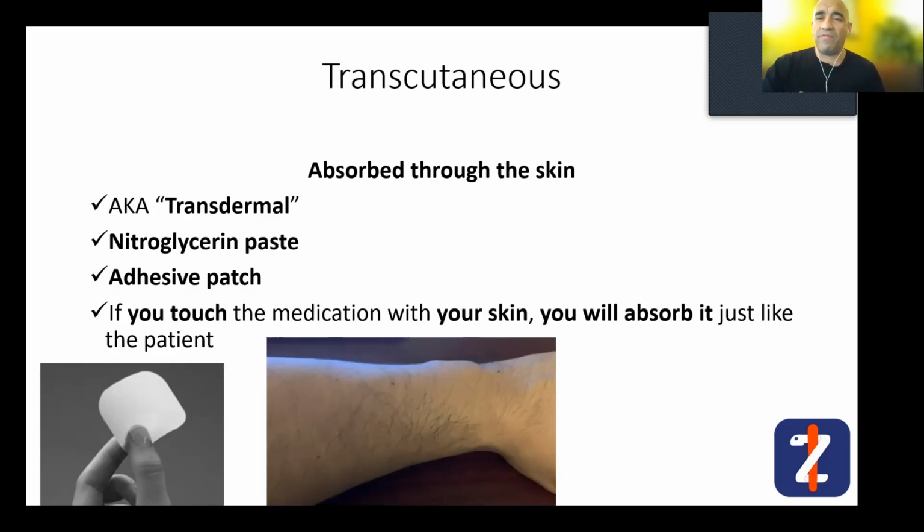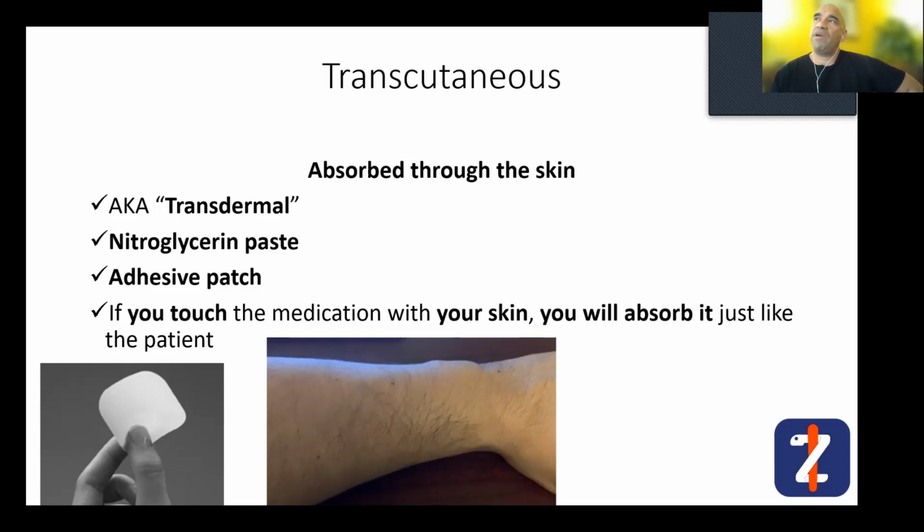Transcutaneous is absorbed through the skin, aka transdermal. One of the examples is a nitroglycerin paste. Now, as an EMT, when we talk about the cardiovascular, there are patients who might have the nitroglycerin paste.